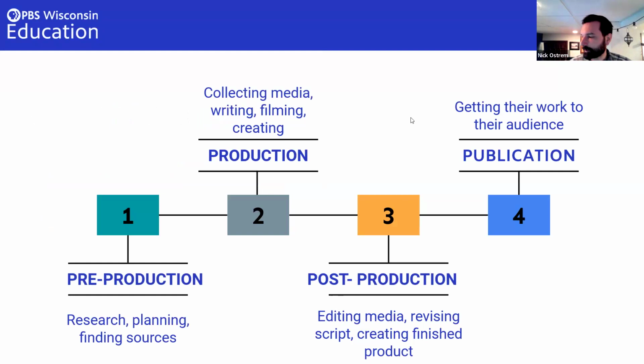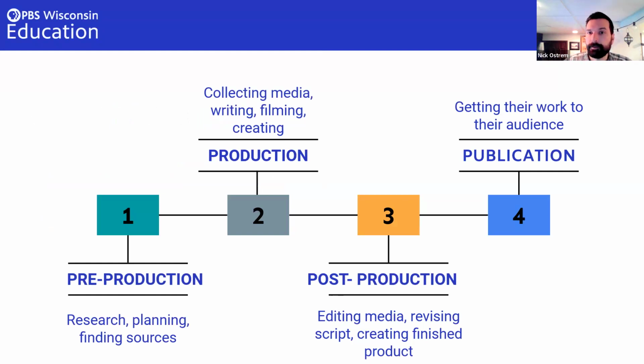Okay, so this is the standard way that media projects are structured. You start out with pre-production, that's all your planning, your research. You're finding your sources, whether that's an interview subject or whether it's a book, whatever your topic is.